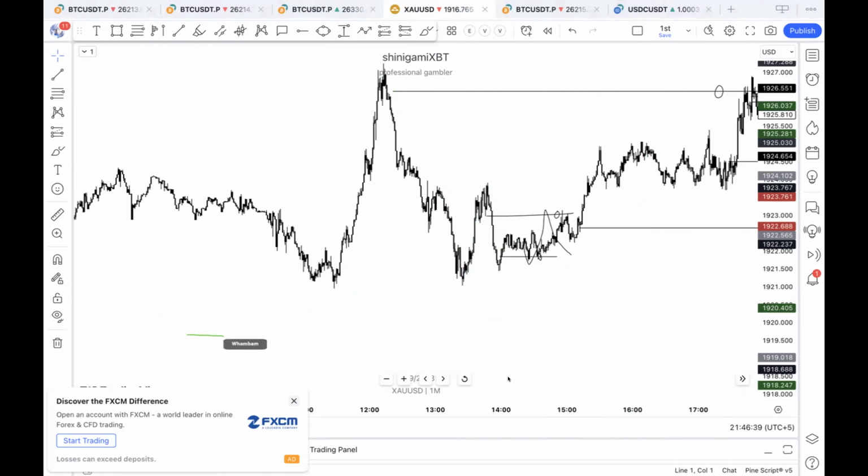I would have maybe looked at areas around here. If I managed to get in here, for me that would have been quite an aggressive trade, because there wouldn't have been time to see if there was a break of structure, other than the slow grind up within this small area here.